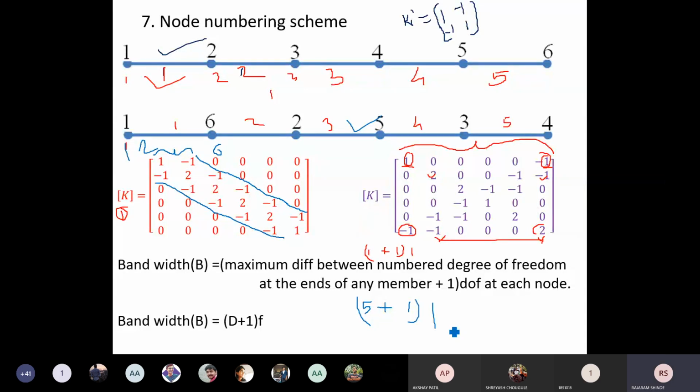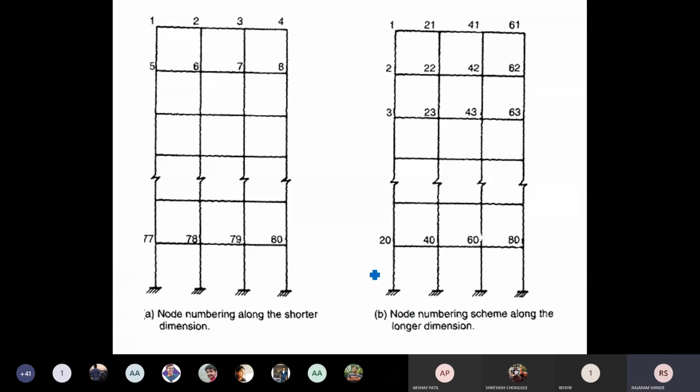Now it is the last slide. If we consider 2 degrees of freedom per node, at this location 1, 2, at this location 3, 4, then 5, 6, 7, 8, and here 9, 10, and here 11, 12.